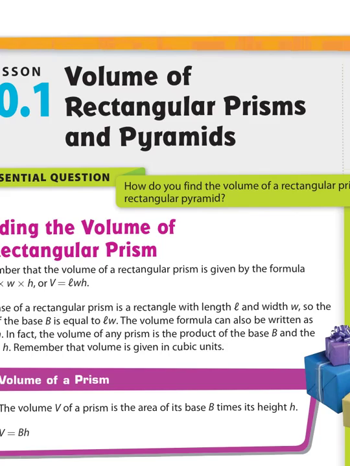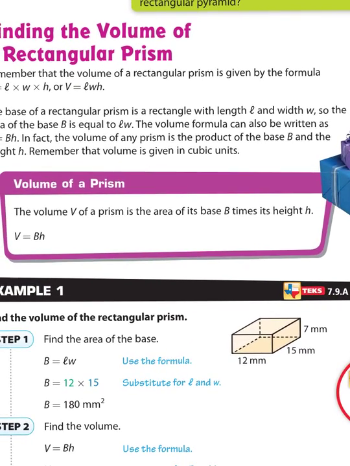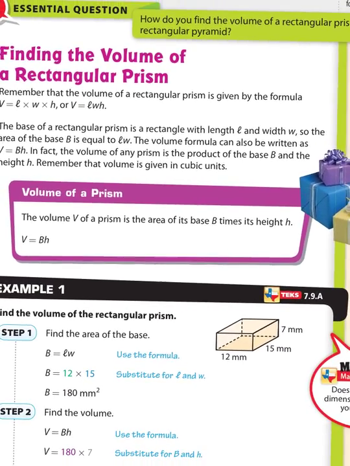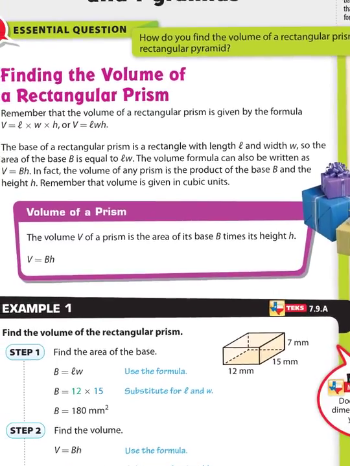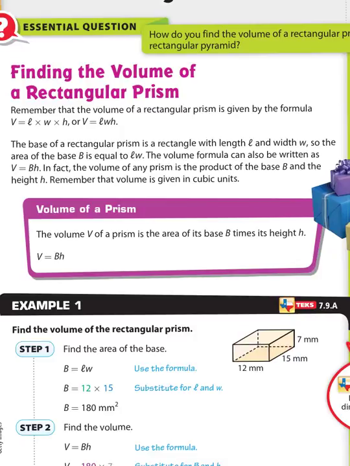So the way that you're going to see this listed, I'm going to zoom out a little bit, is volume equals big B, which stands for the area of the base, times the height. So in a rectangular prism, the base is a rectangle. And the formula for the area of a rectangle is length times width.